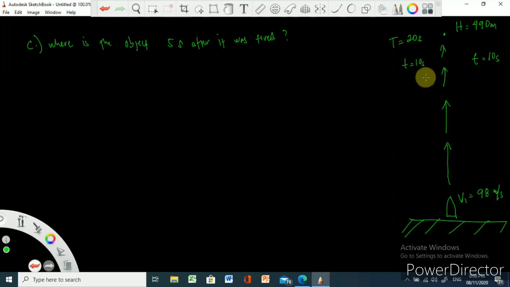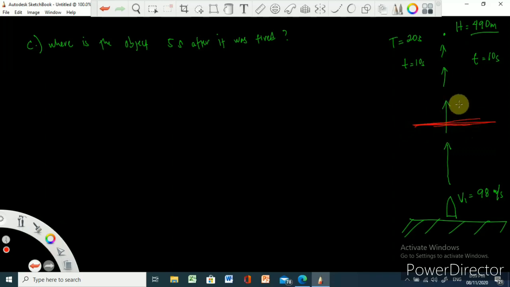It makes sense, because after 10 seconds the object already reached 490 meters. So after 5 seconds, probably it's right in the middle.